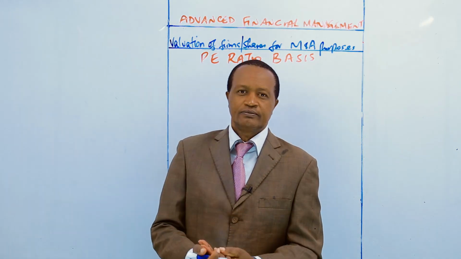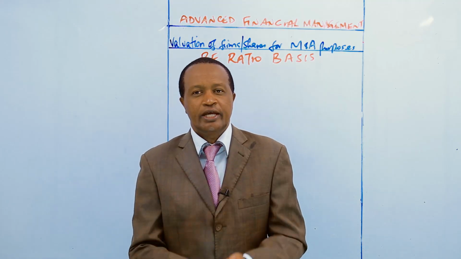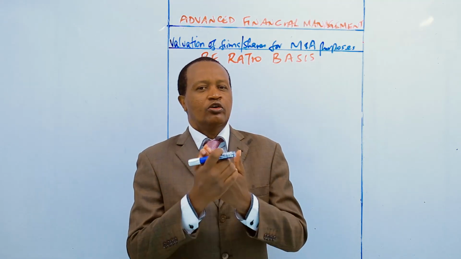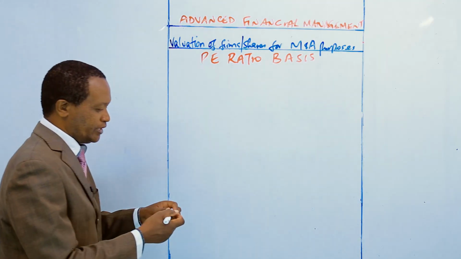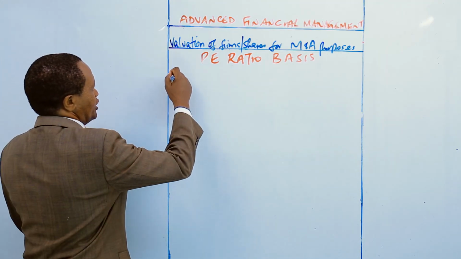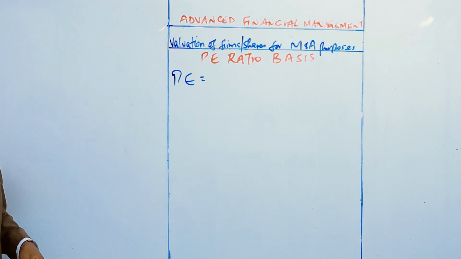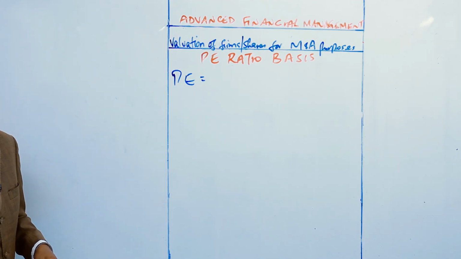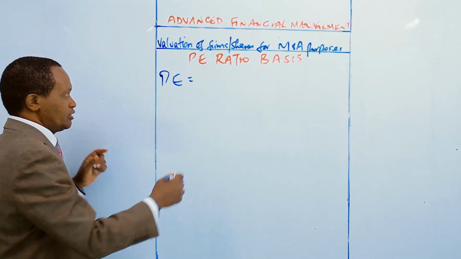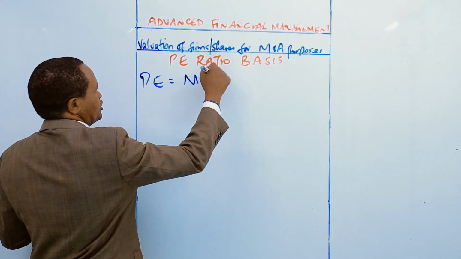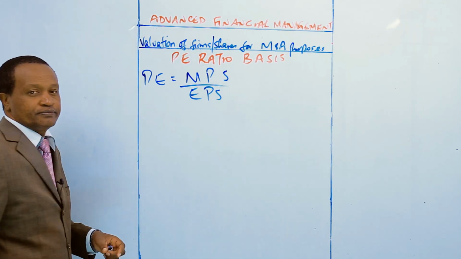Essentially, it tells you how much investors are willing to pay for each shilling of a company's earnings. The PE ratio is calculated by dividing the market price per share by earnings per share. Market price per share over earnings per share. That's the formula.